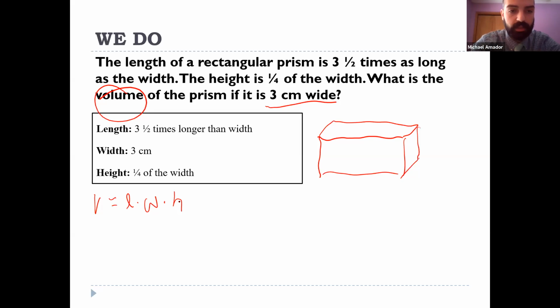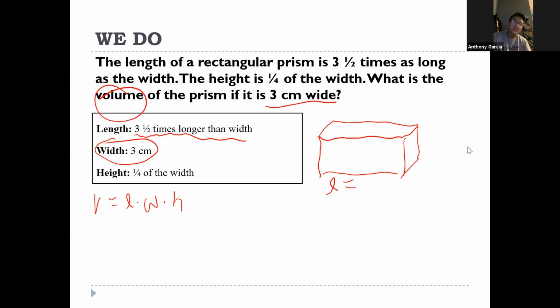We know that the length is 3.5 times longer than the width. Okay, great. But I don't know exactly how long it is, at least not yet. But I'm told that the width is 3 centimeters. So everyone right now, if the length is 3.5 times longer than the width, and the width is 3 centimeters, find how long the length actually is.